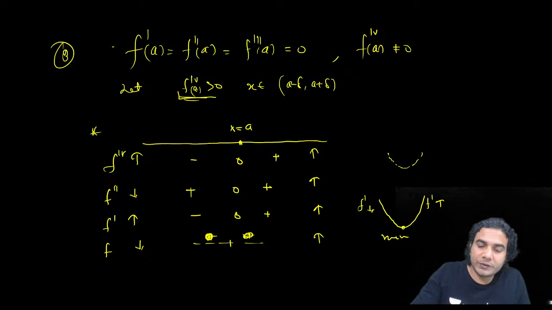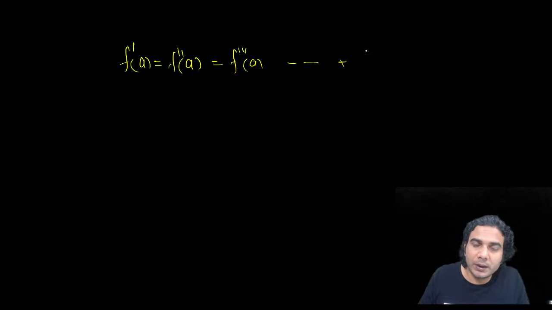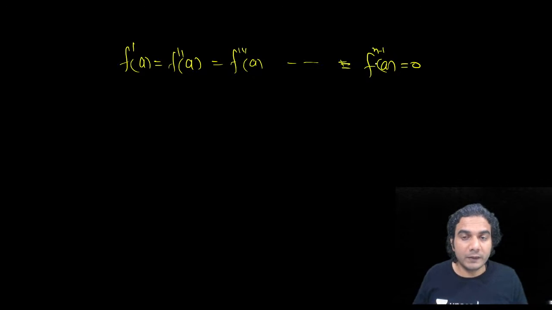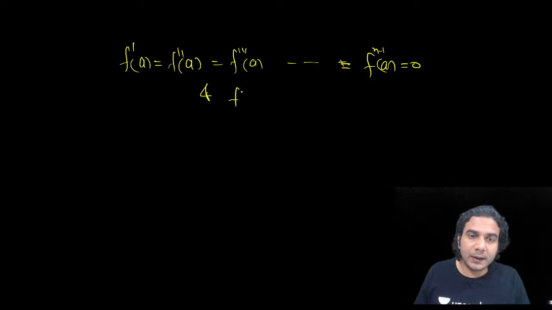So if we generalize it, then what happens: f dash a equals f double dash a equals f triple dash a, and so on, up to the (n minus 1)th order derivative, it is 0, and the nth order derivative is the first derivative which is non-zero at x equal to a.